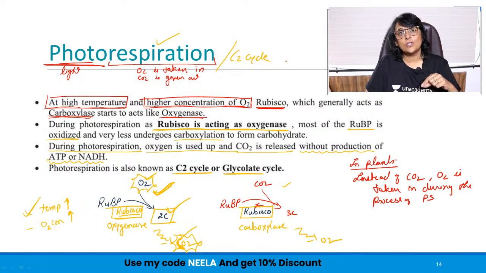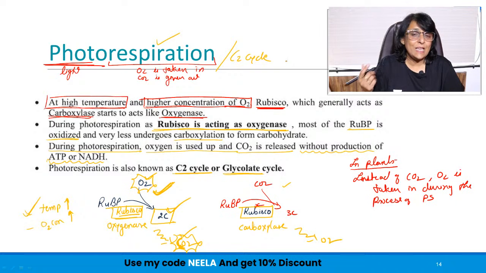So if the dark reaction is not taking place, then ADP will not be free and NADP will not be free. If there is no ADP molecule, how can ATP be synthesized? If there is no NADP molecule, how can it get reduced into NADPH2?